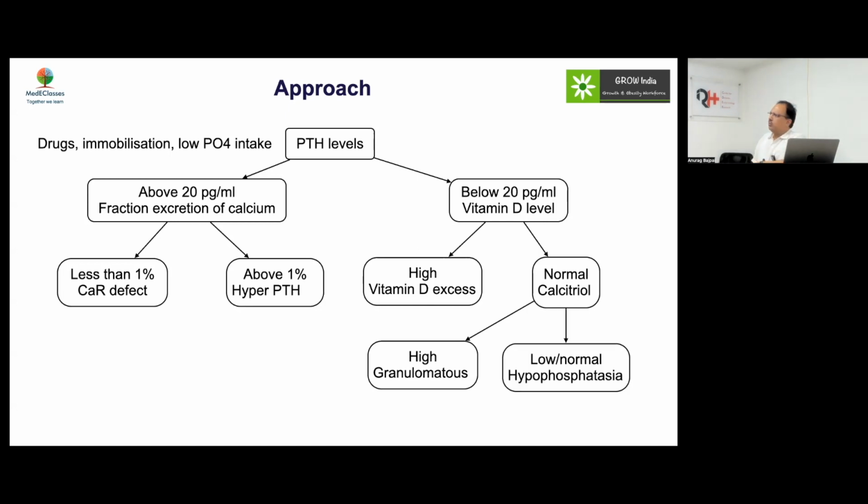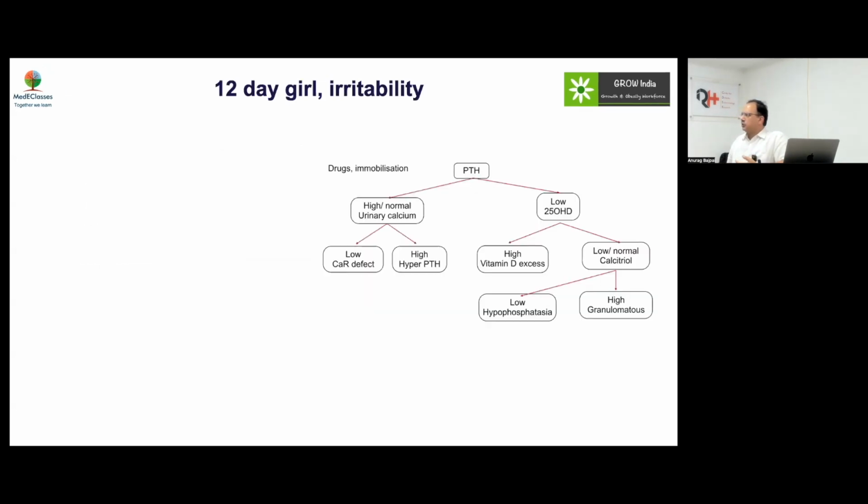While if it's low normal, it's mainly an issue about bone formation or increased bone resorption. Think of a malignancy, think of hypophosphatasia, the rare cause, or a lymphoreticular malignancy, which we discussed in the first case scenario. So just to summarize, the most important thing here is to look at the phosphorus level followed by the PTH level, which will give you the diagnosis.